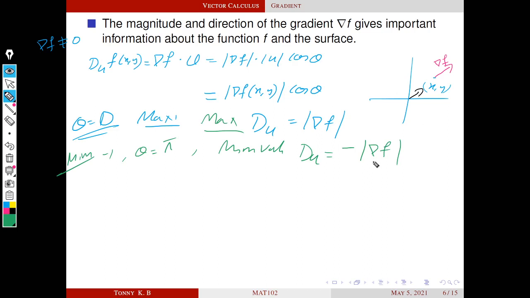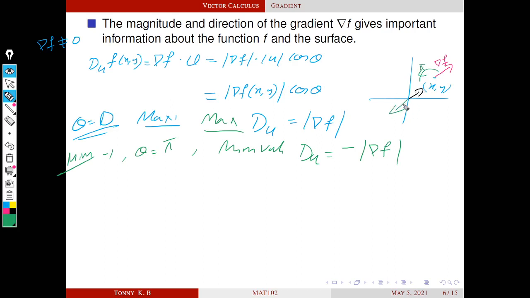And again, there is a question: which is the direction such that this directional derivative is minimum? Theta equal to pi means the angle between the gradient vector and the unit vector is pi, so the direction of the unit vector is opposite to the gradient.